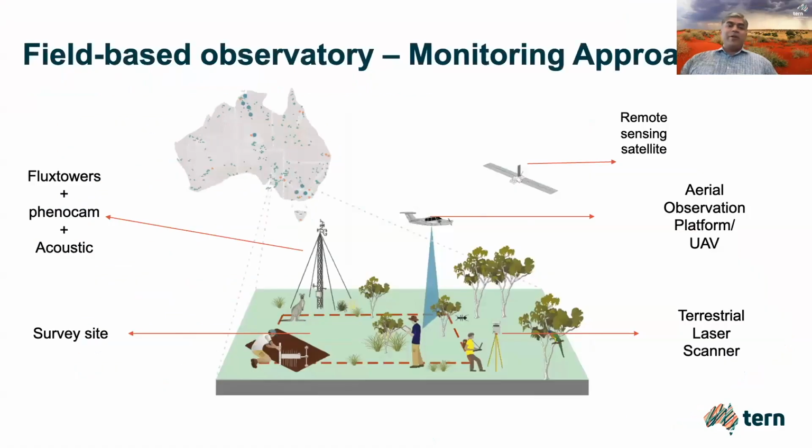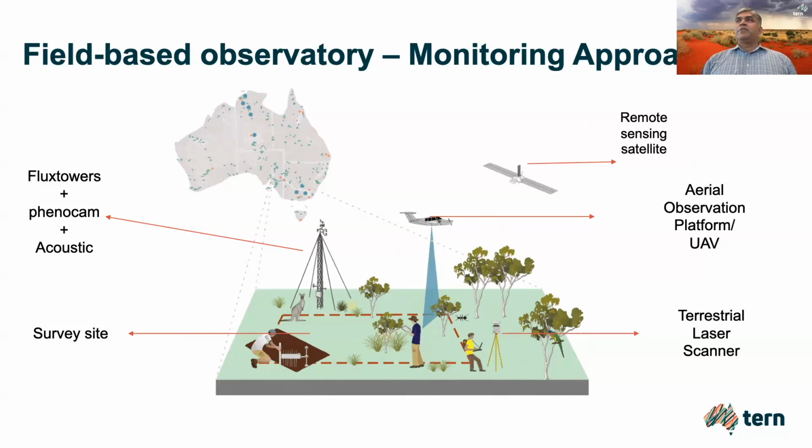To provide a pictorial representation in one picture, this is what TERN does. We derive satellite remote sensing products. We have aerial vehicles, UAVs, and the terrestrial laser scanner network that will be deployed very soon.